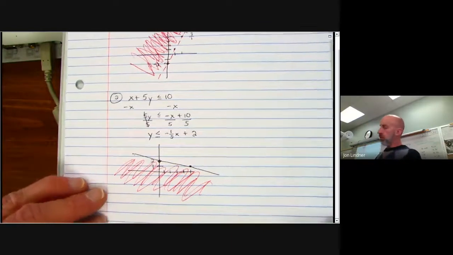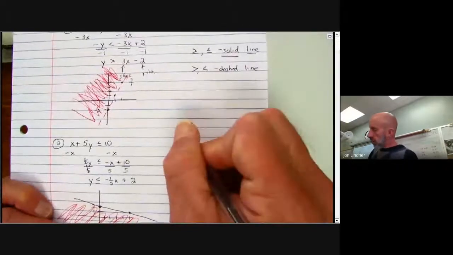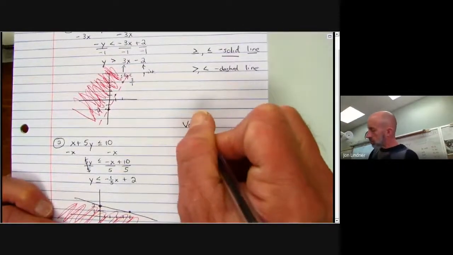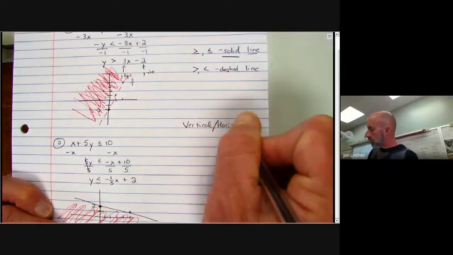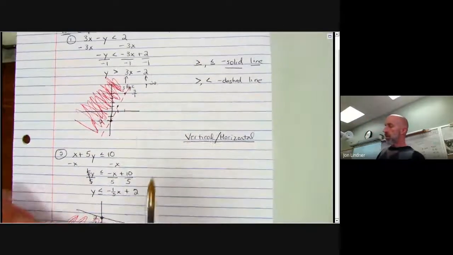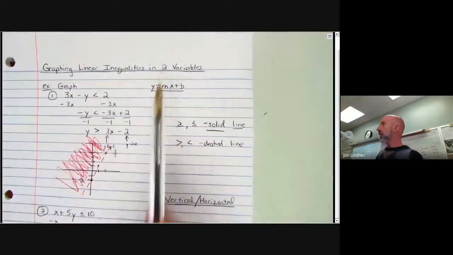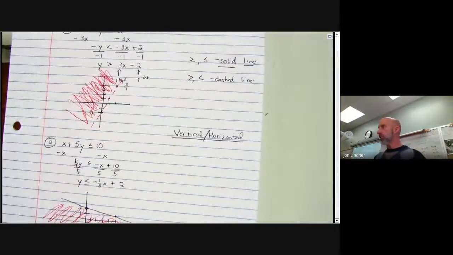Now, the only other thing we need to talk about is vertical and horizontal. Because we're talking about linear inequalities in two variables, we have to talk about vertical lines. Remember, you can have a vertical line if the equation does not have a y in it.